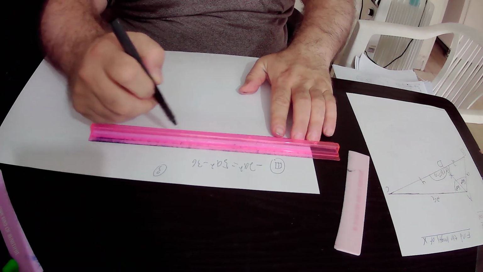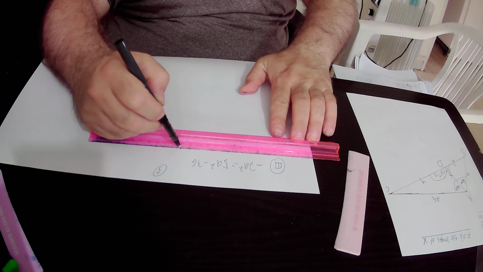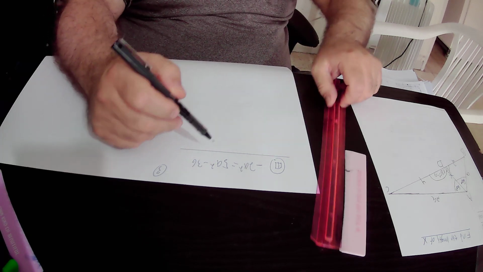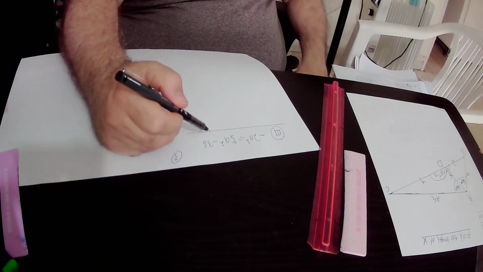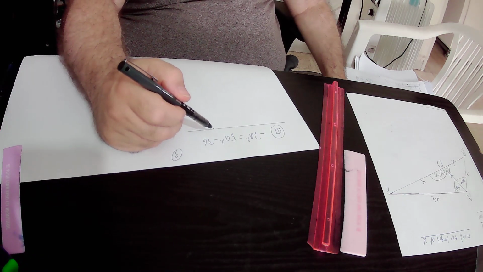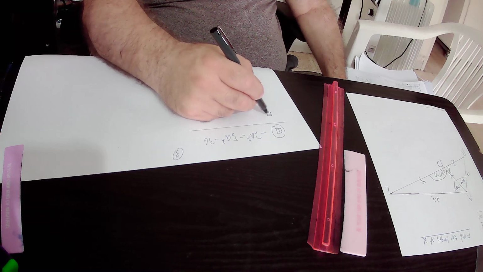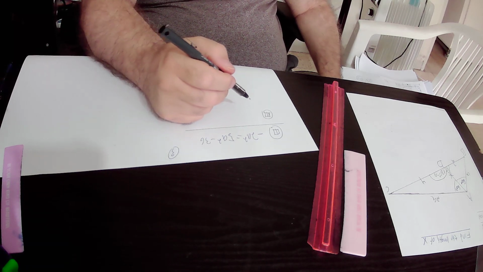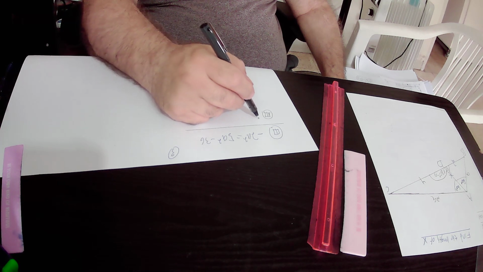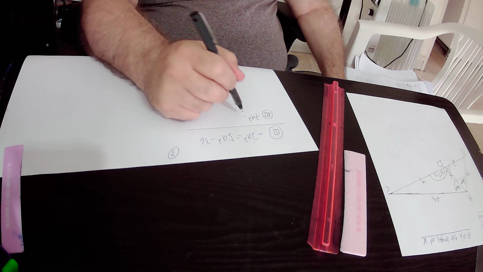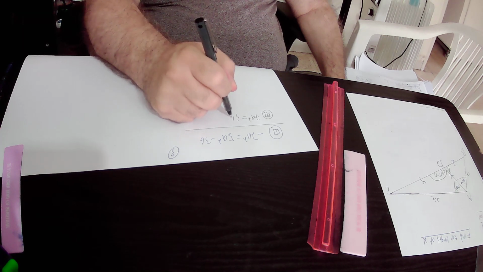Here we will add 36 and also 2a square to this equation number 3 simultaneously, and we'll get that 5a square plus 2a square is 7a square, that equals 36.